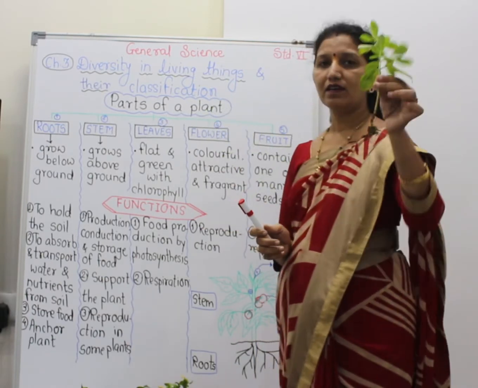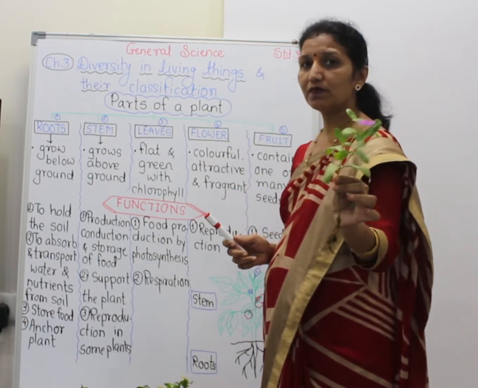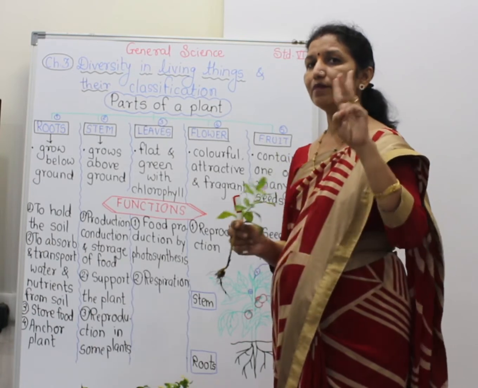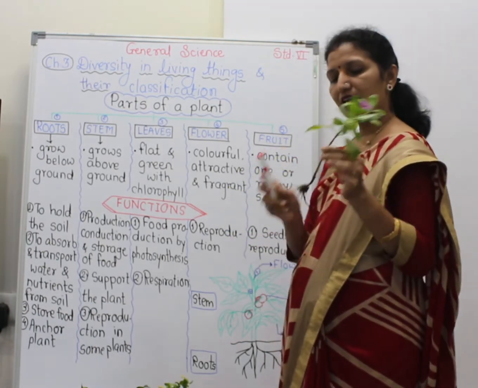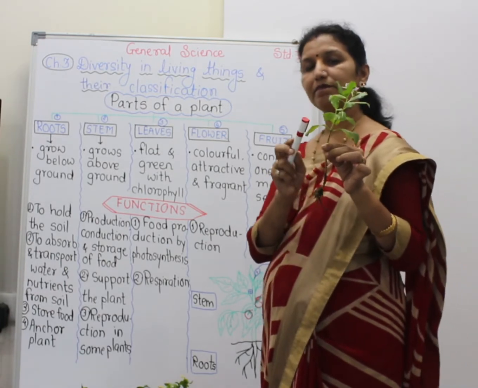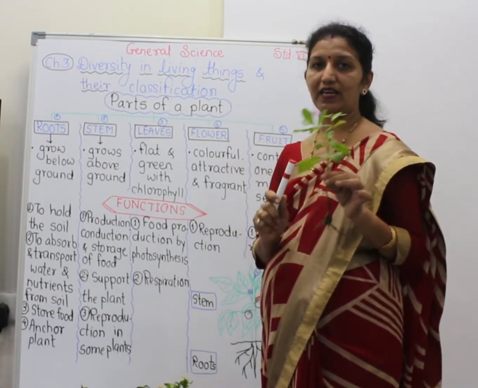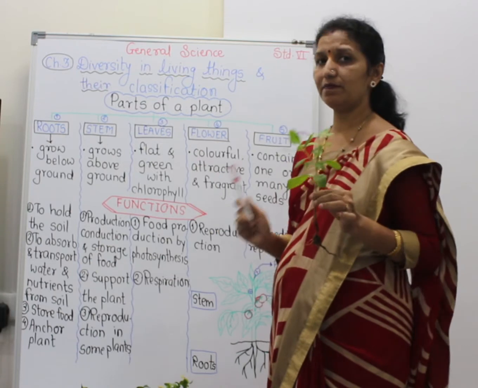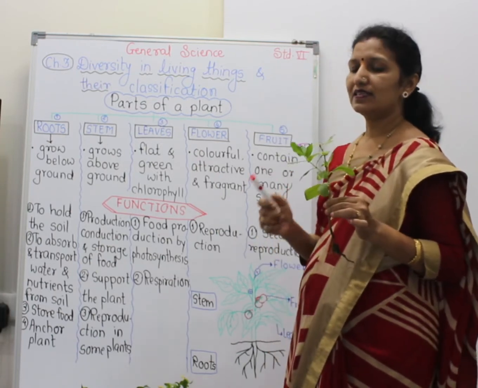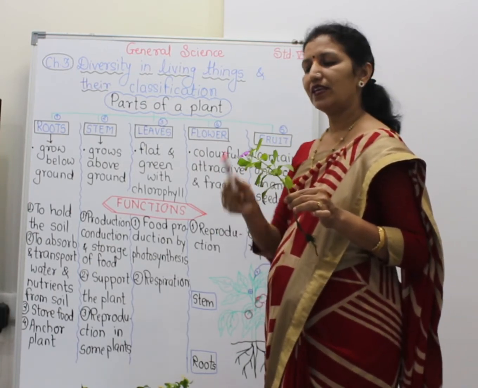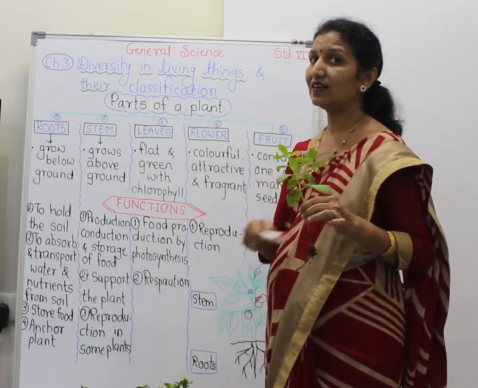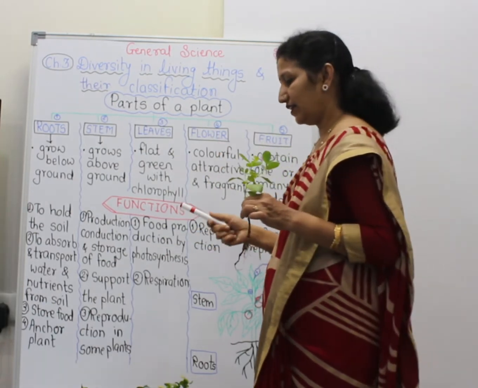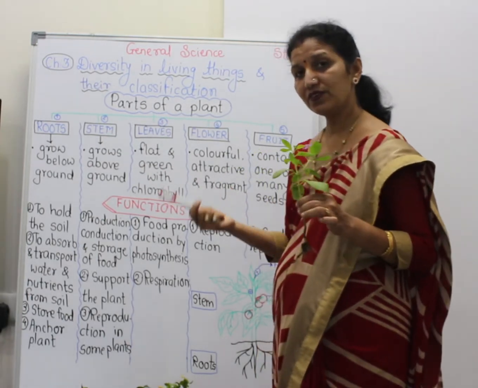Now, if we see the parts of a plant, there are three main parts of a plant. They are roots, stem and leaves. They are prominently seen in every plant. And from time to time, there is occurrence of flower. And this flower is transformed into fruit.